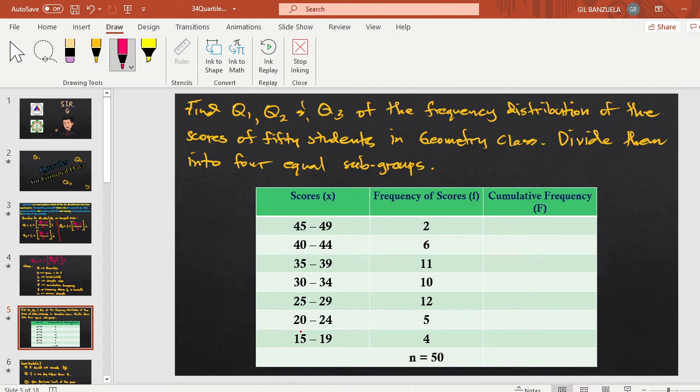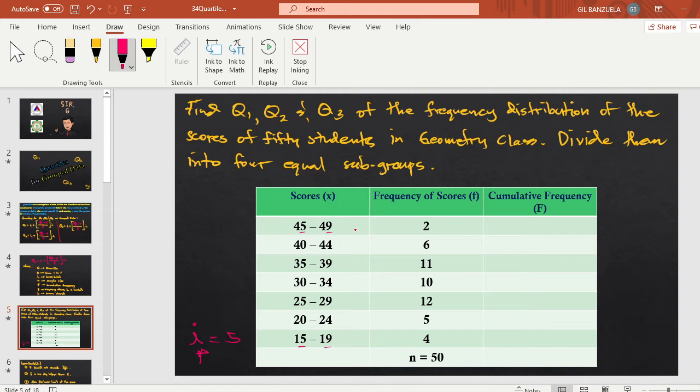If you could notice, the score interval is 5, so therefore our I is 5, because 15 to 19 has 5 distance, as up to 45 and 49. So that's how to get your I or the class interval, and these are the frequency of scores.